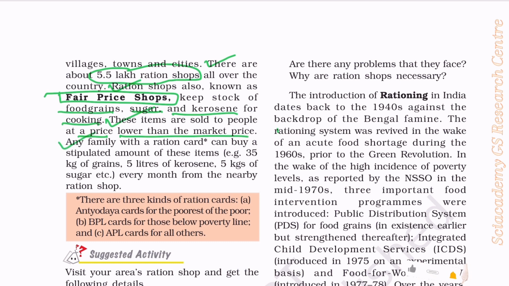Any family with a ration card can buy a stipulated amount of these items, for example, 35 kg of grains, 5 liters of kerosene, 5 kgs of sugar, etc. every month from the nearby ration store. There are three kinds of ration cards: A. Antyodaya cards for the poorest of the poor, B. BPL cards for those below poverty line, and C. APL cards for all others.